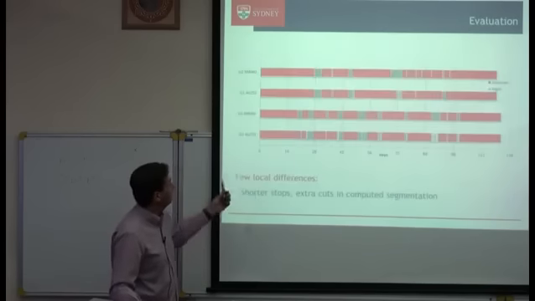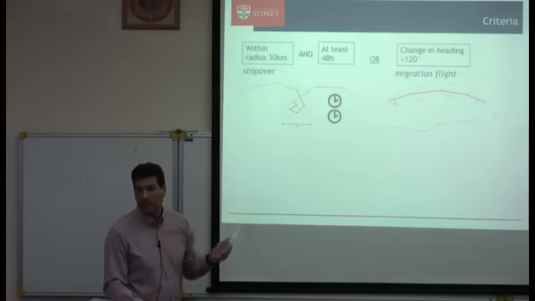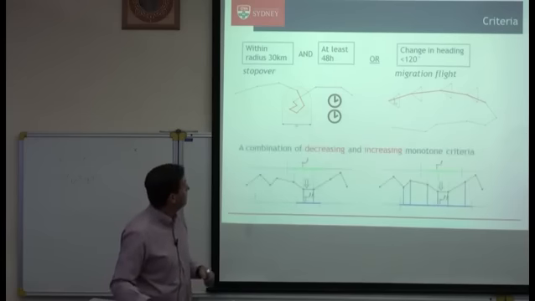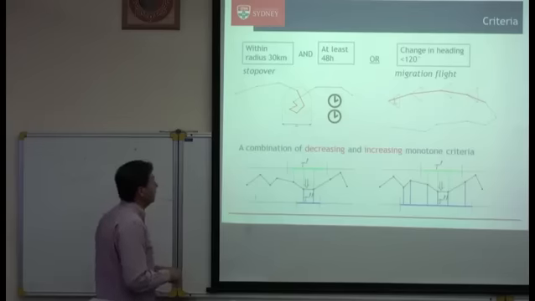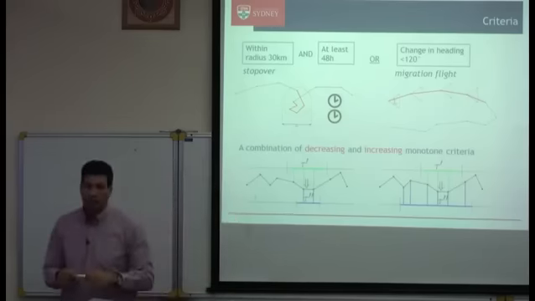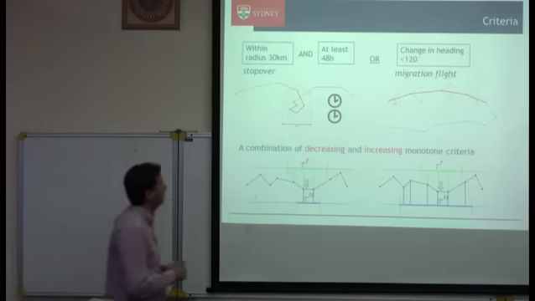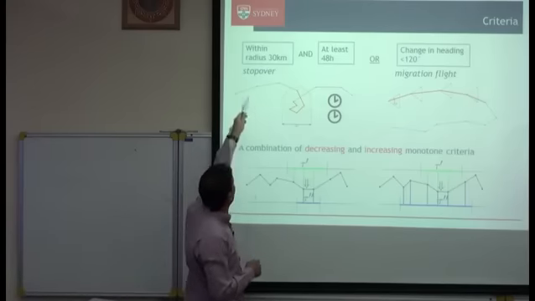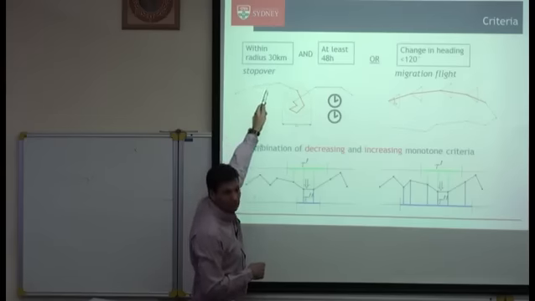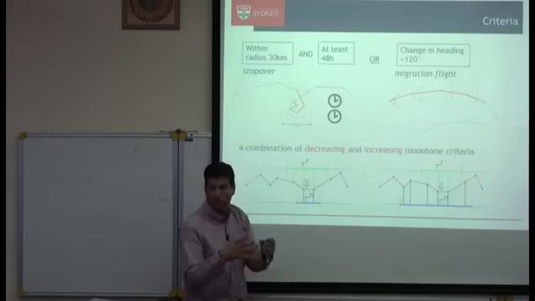But as you can see, even something very simple like this is not decreasing monotone, of course. So decreasing monotone seems to be way too restricted. Maybe a first step would be to look at a combination of decreasing monotone and increasing monotone criteria. Here, for example, this is decreasing monotone: if you take a subsegment, it will still stay within a circle of radius 30 kilometers.